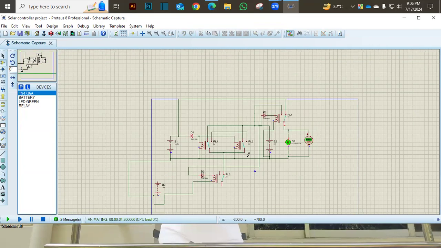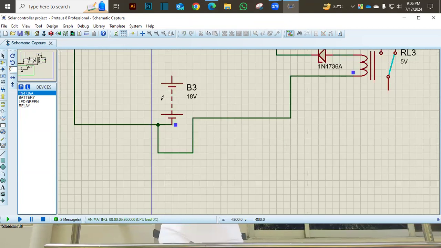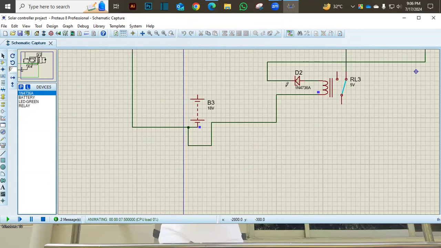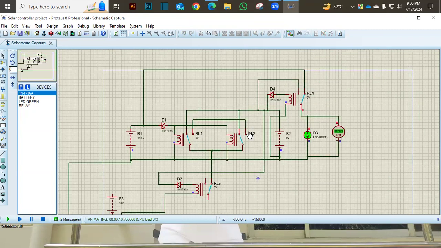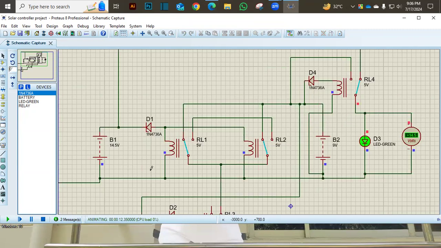And now we can see that our solar system is deactivated. This is night and our solar system is deactivated, but we have two batteries and our second battery is under low voltage, and that's why we are operating our load from our first battery, which is fully charged.